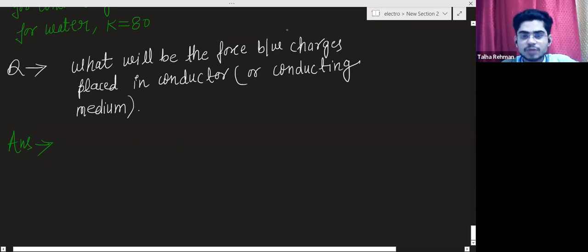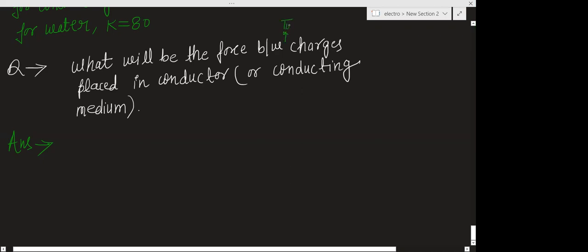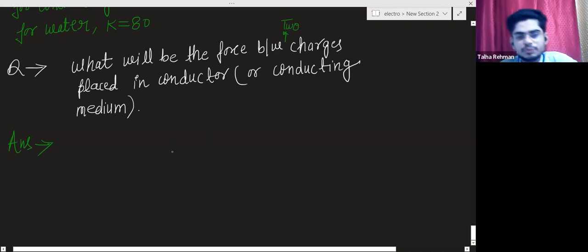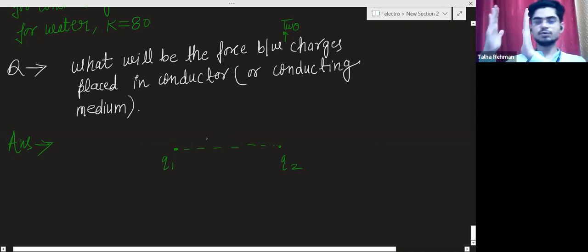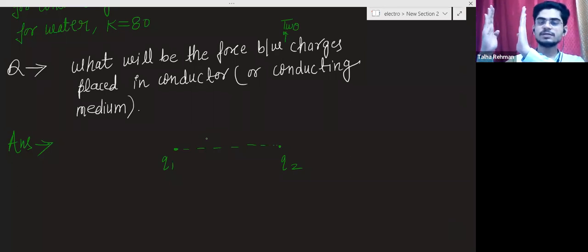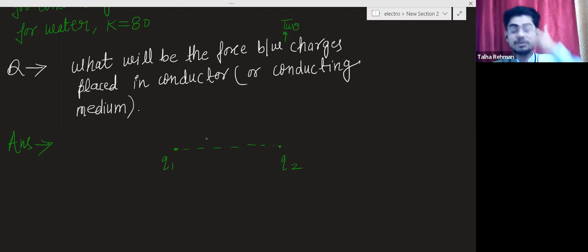You can assume two charges, Q1 and Q2. They are placed in a conducting medium; in between the charges there is no air, there is a conducting medium. So you can imagine it like that.